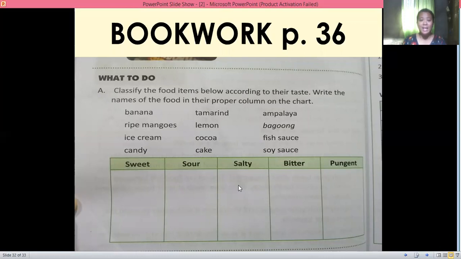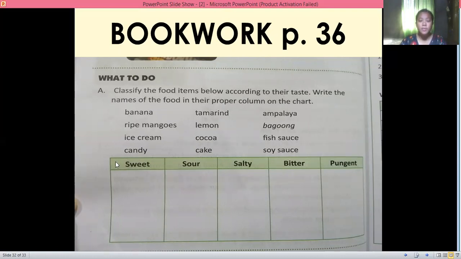It says here, classify the food items below according to their taste. Write the names of the food in their proper column on the chart.